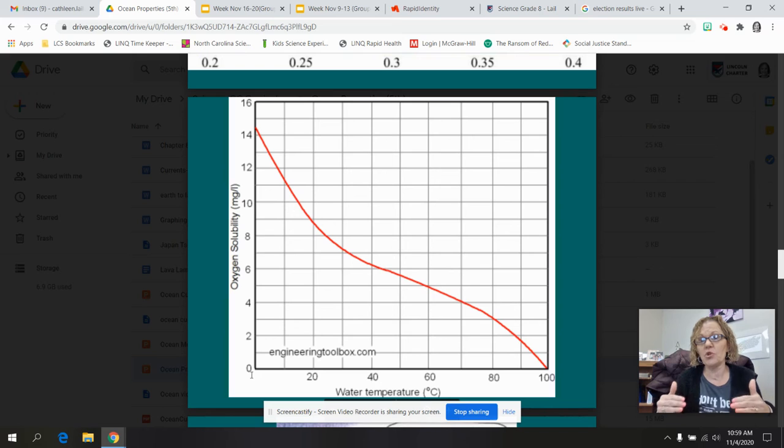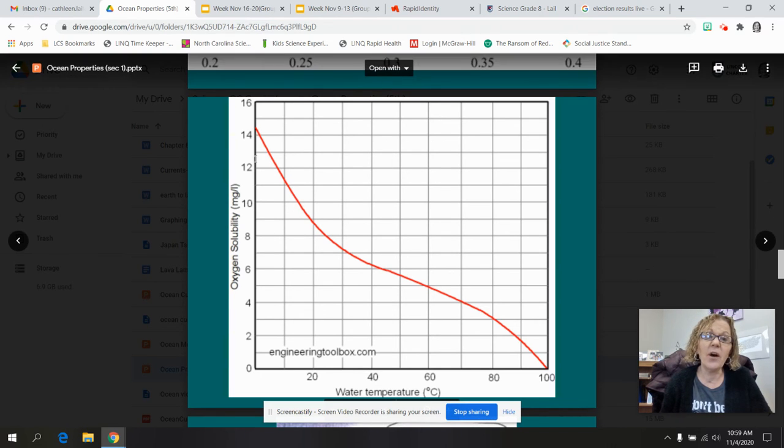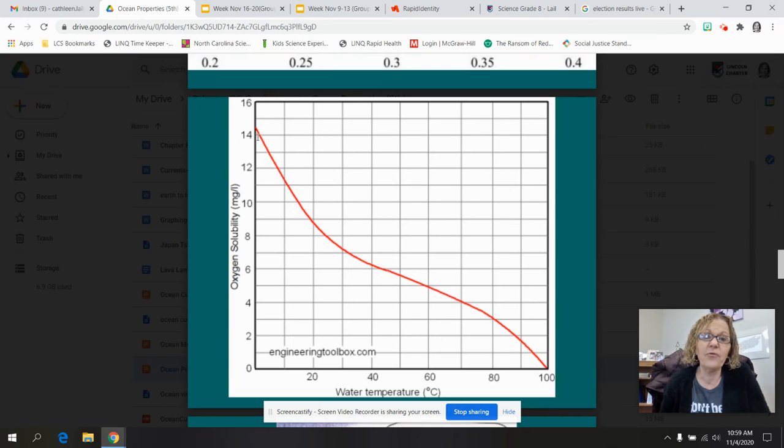That's the temperature that water begins to freeze. So it makes sense that we've got between 14 and 15 milligrams of dissolved oxygen at 0 degrees, versus we don't have any oxygen when the water is at 100. All the oxygen is taken up.